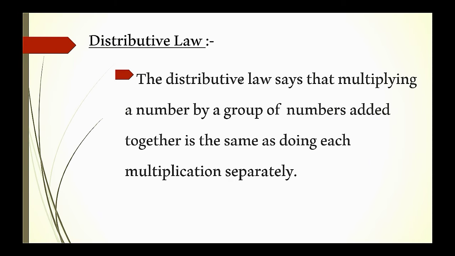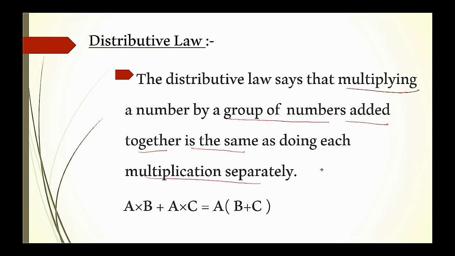Next, the distributive law. The distributive law says that multiplying a number by a group of numbers added together is the same as doing it separately. So, let us take three rational numbers A, B and C. Here first I'm doing multiplication separately and adding both the numbers.